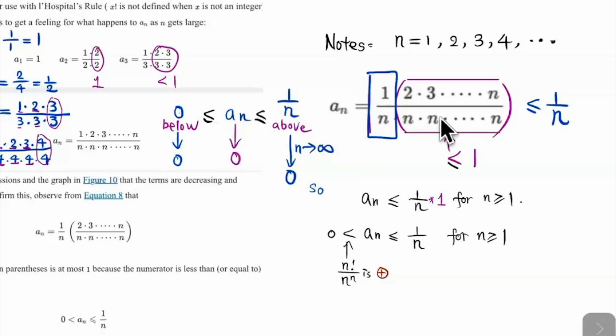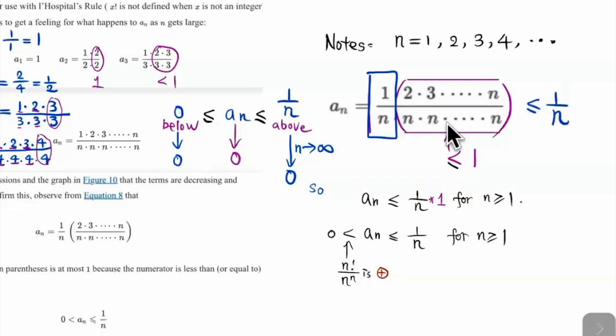Okay, as someone will say, how do you know to use the above sequence as 1 over n? You try to group them. You try to experiment with this, okay? So you see, I kind of see that this part here is less than or equal to 1, and try to compare with that.